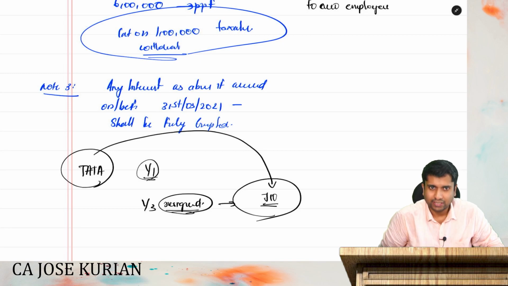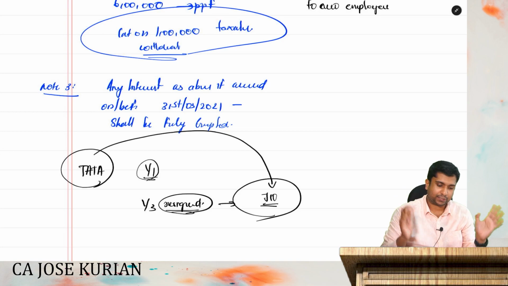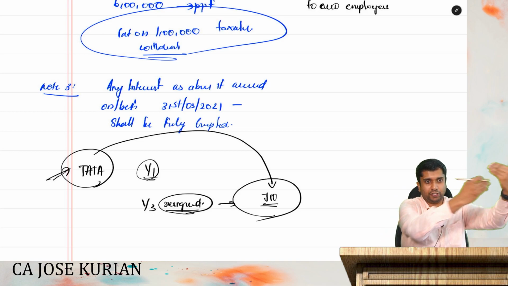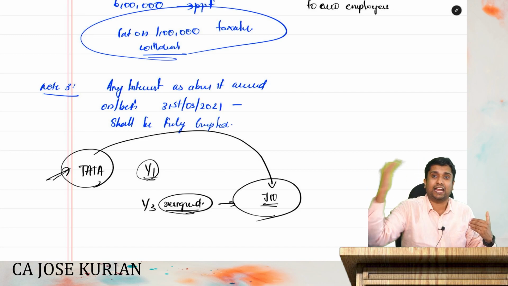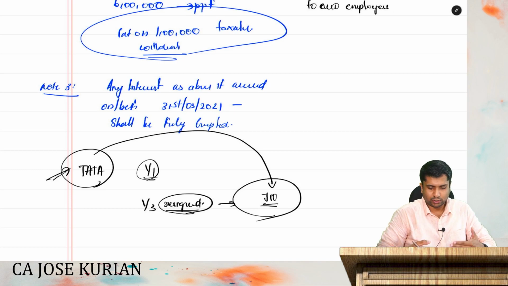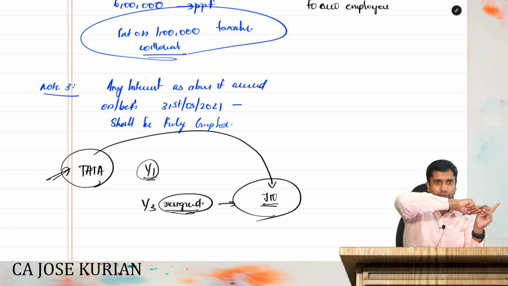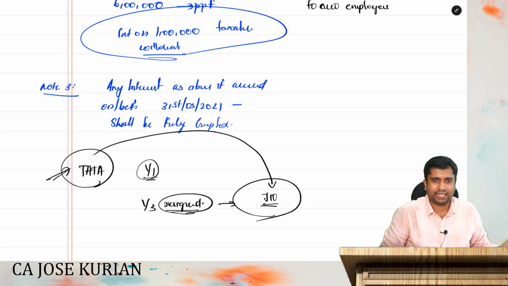Are you all with me? If it is the case, then there is no implication of income tax, because earlier Tata was the fund manager. Right now, he withdrew all the fund from Tata and deposited the entire fund in Jio. It's a direct transfer to the new employer. You haven't actually realized that money, so there is no taxability.